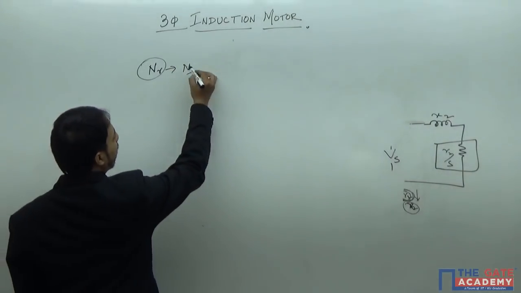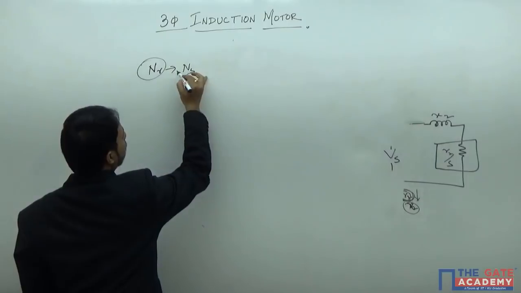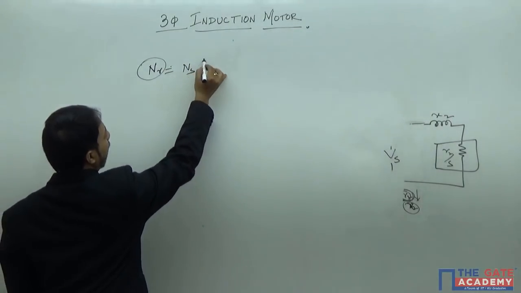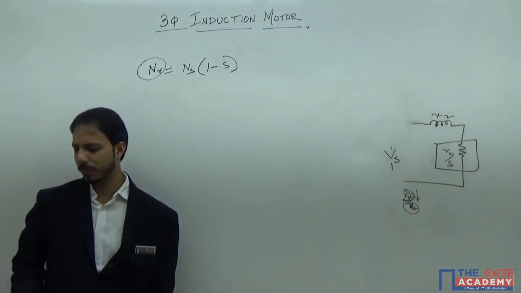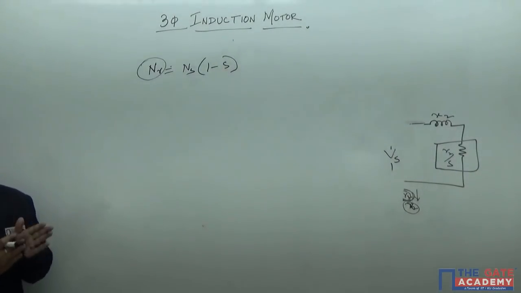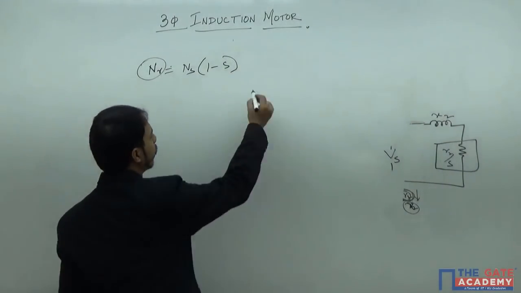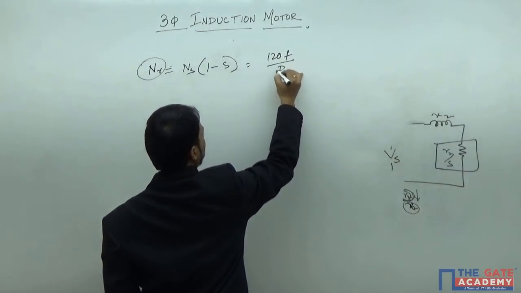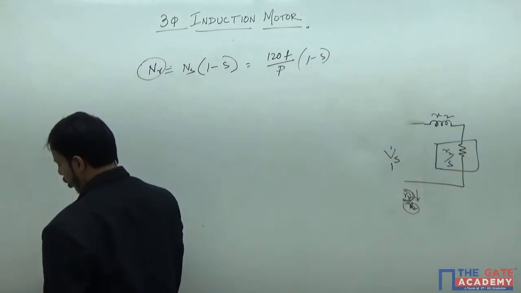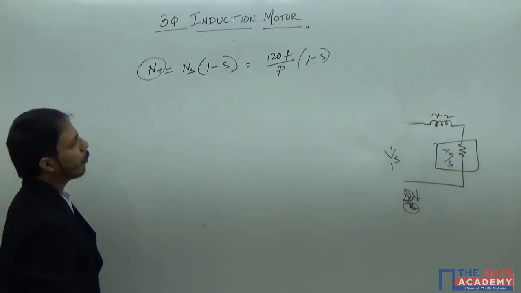NR is nothing but equal to NS into 1 minus slip. And what is NS? We know NS is 120 into F by P.